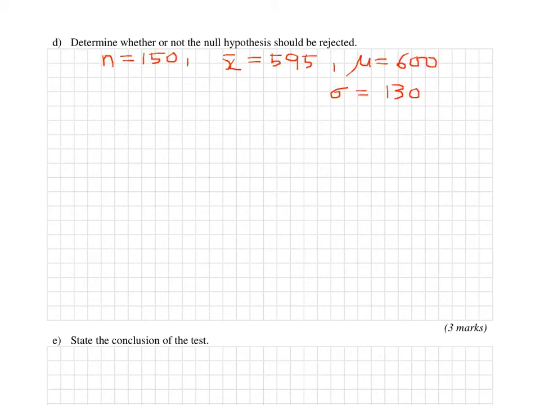If you check carefully, this was the sample size, and the mean of the sample 595, the population's mean 600, and the given standard deviation was 130.